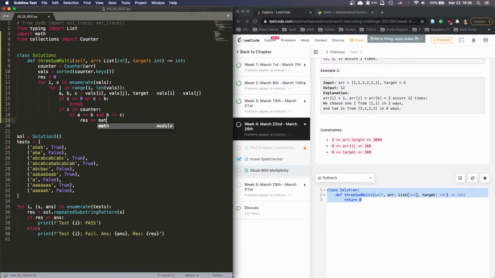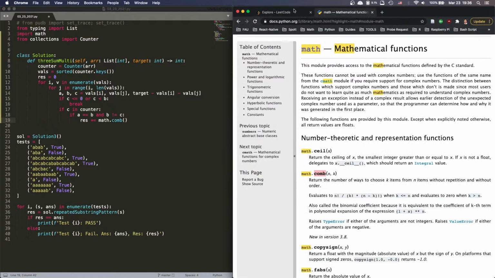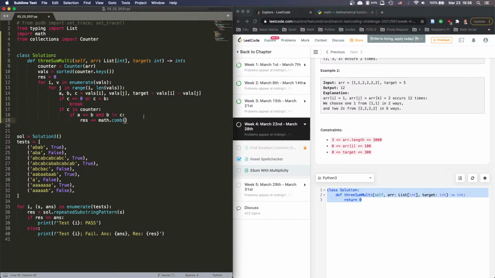math.comb, is that COMB? Yes, COMB, math.comb, and then we're going to choose 2.